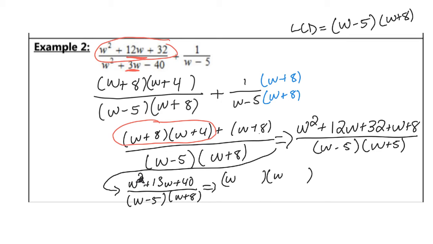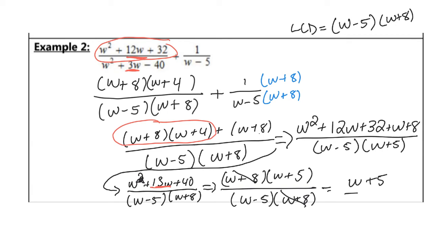Some things that multiply to 40 would be 8 and 5. So if we try 8 and 5, 5w plus 8w gives us our 13w. So we factored correctly. And then put that back over w minus 5 times w plus 8. And we can see the w plus 8 cancel out. So what's left over would be w plus 5 over w minus 5. And that is our solution.